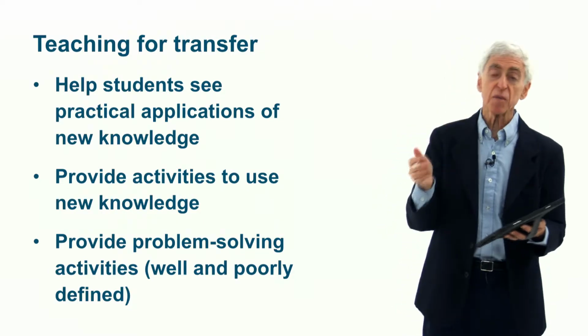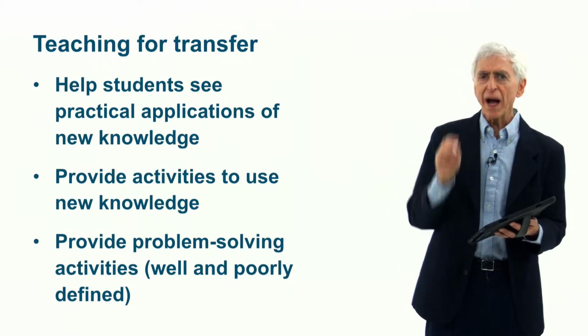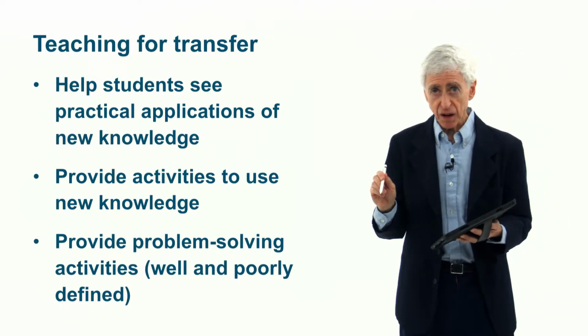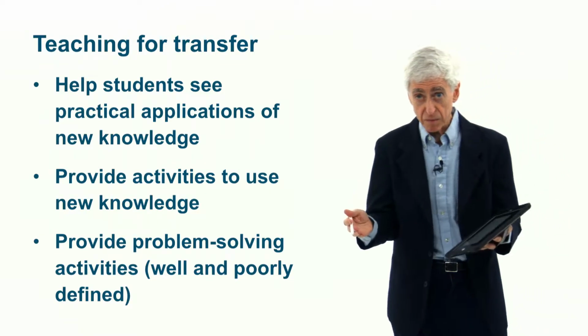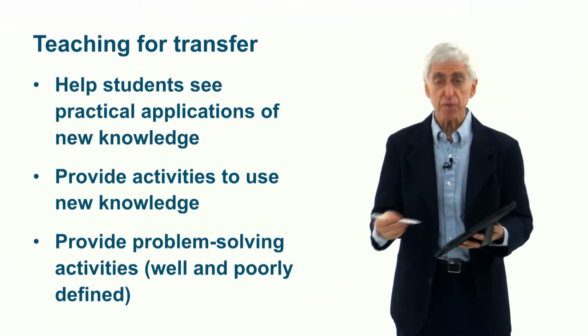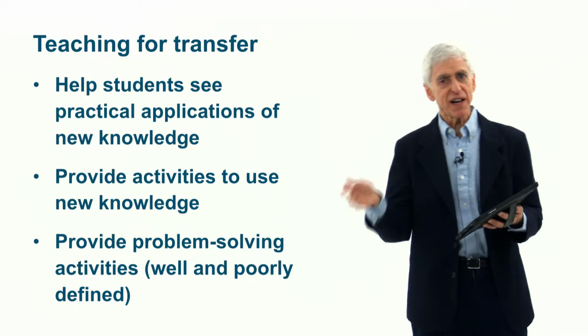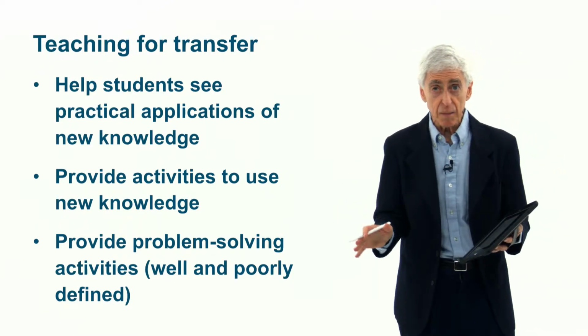Now, here's a terminology that may seem a little bit strange. Well-defined problems and poorly defined problems for problem-solving. Now, that usually would have a positive and negative connotation, but it doesn't here.